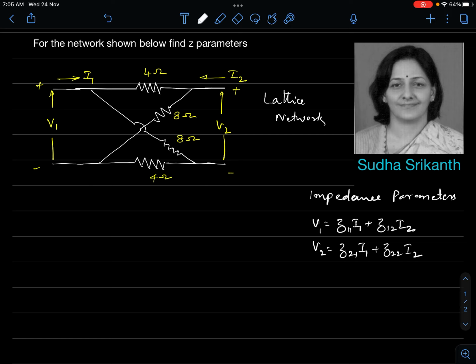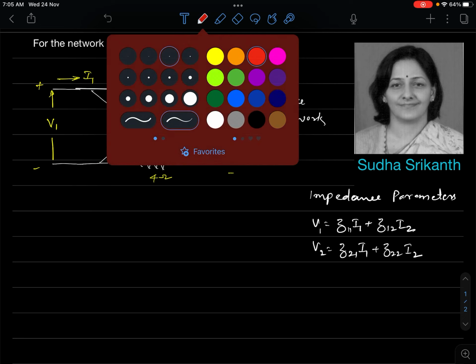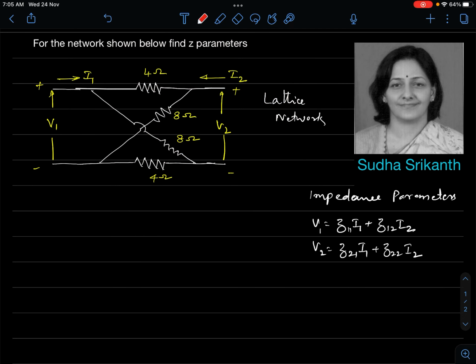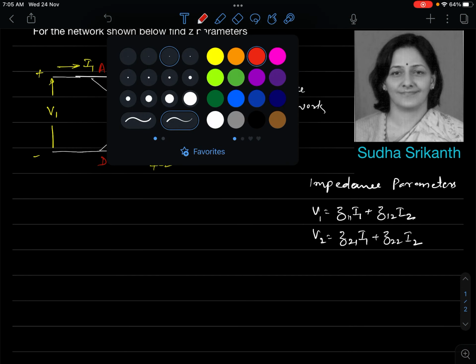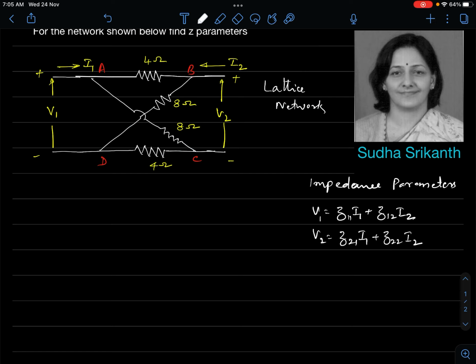Let me name the terminals for our quick understanding. I'll call this terminal A, this terminal B, let this terminal be C, and let this terminal be D. So I will rewrite the network. I have come to point A, terminal A.